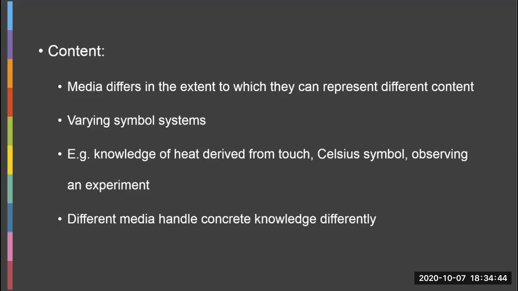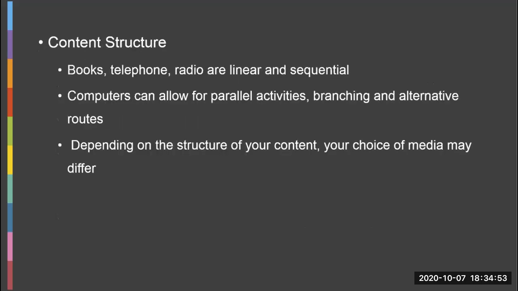The second aspect or core element that we can speak about is the content structure. So you've got your content, it's laid out, abstract, concrete, or whatever it may be. And now we're going to determine the structure of this.